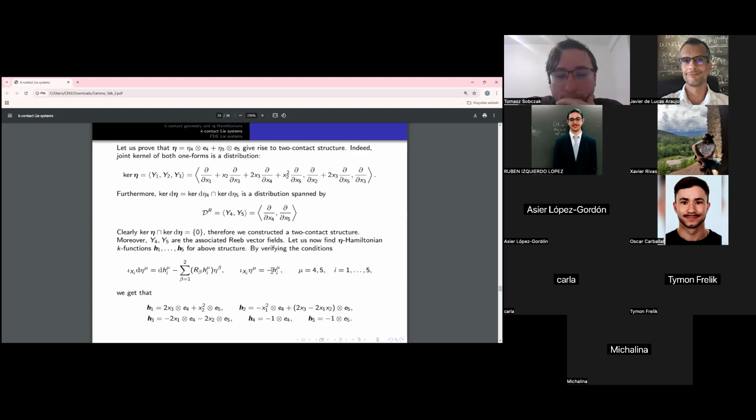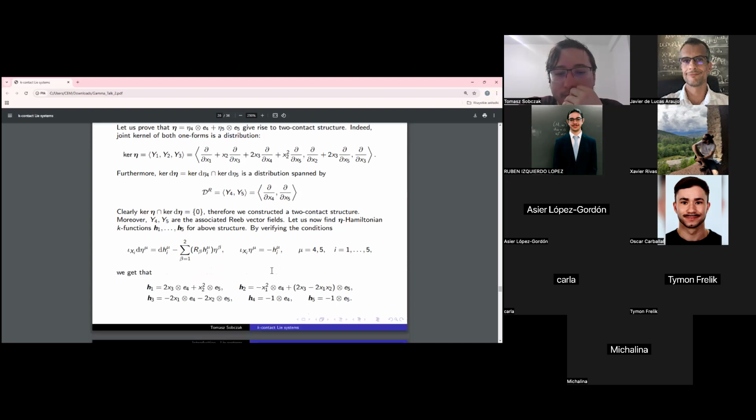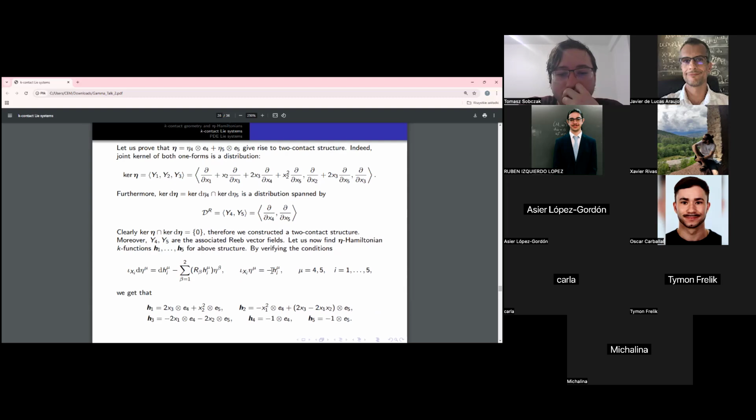But whether it is projectable depends on the eta, because for different etas having the same kernel, you can define different families of Reeb vector fields. Being a Reeb vector field depends on the eta you are choosing.